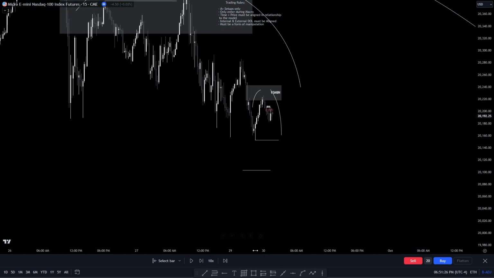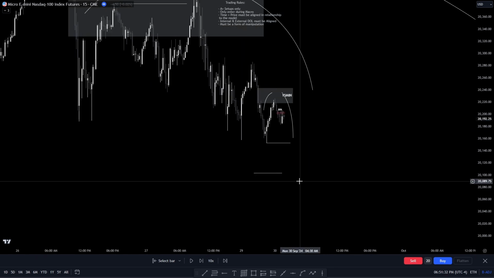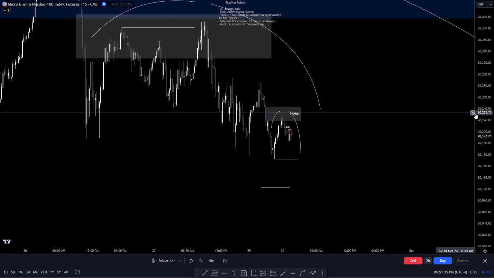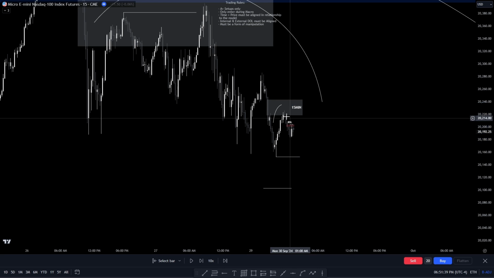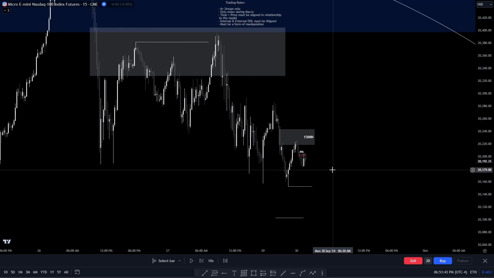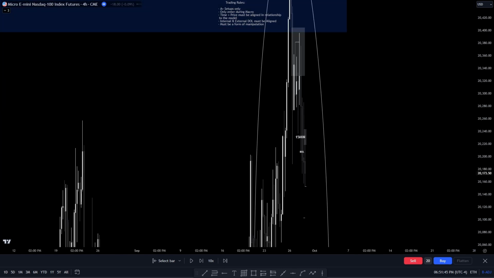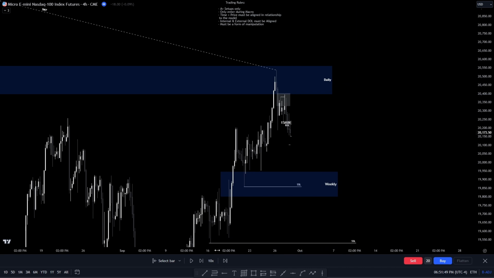Let's just go right into the trade that I took. This was Sunday night, Monday morning, whatever you want to call it. At this time of night, on the higher time frame, I saw that we were rejecting off a daily fair value gap.